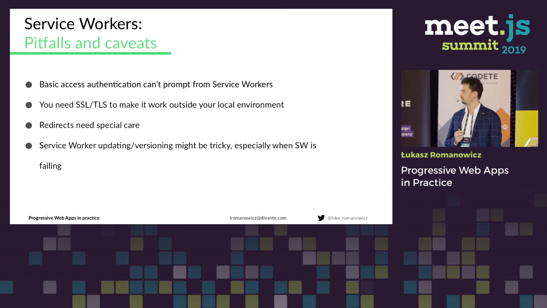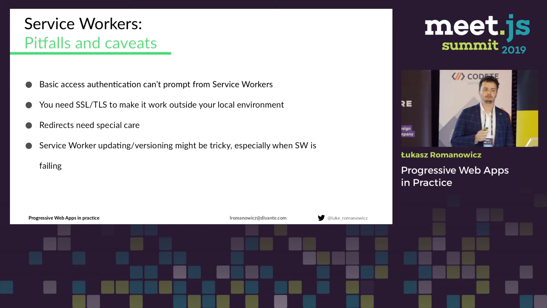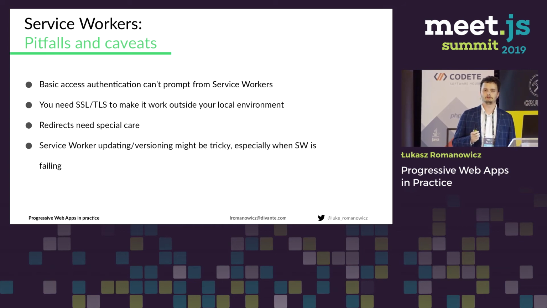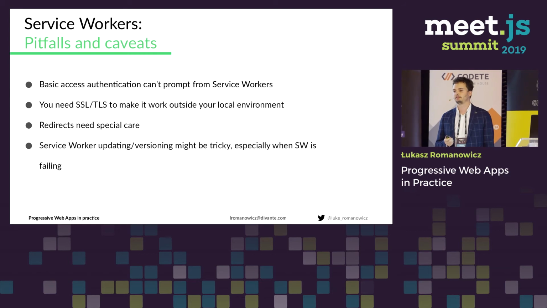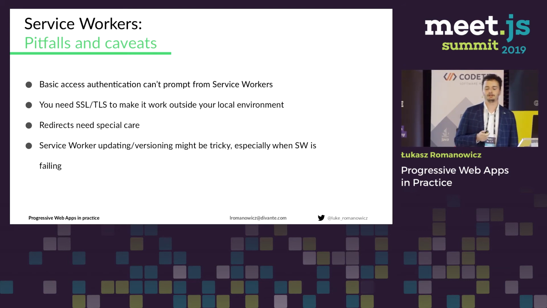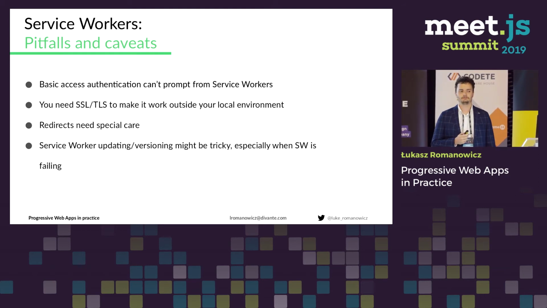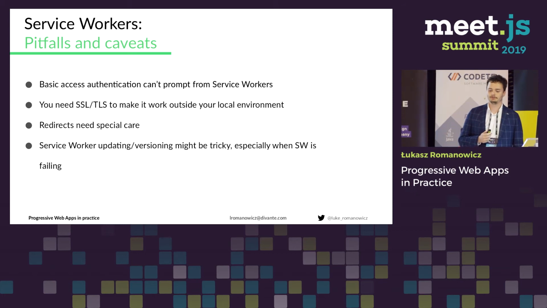And there will be some cases like redirects that you will have to handle manually because of the caching. Unless you are using caching, then you don't have to care about redirects. But usually you don't want to cache redirects. You want to cache the final result. And you can get some loops if the service worker is badly implemented.